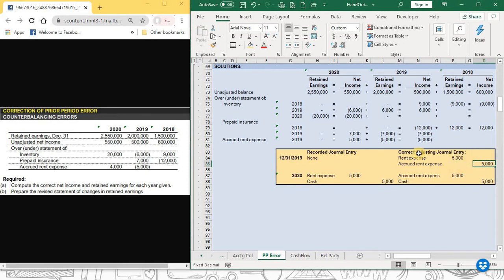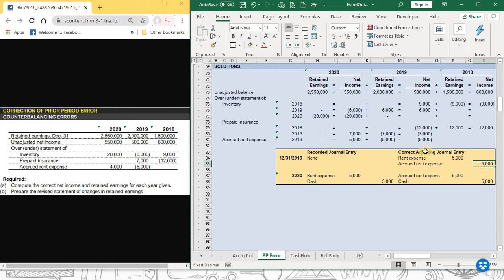And if an expense is understated, obviously, the net income is overstated by 5,000 pesos. To adjust the overstatement of the net income, there is a deduction of 5,000 pesos. And again, because of the failure to record this journal entry, the liability presented in the Statement of Financial Position in 2019 is also understated.